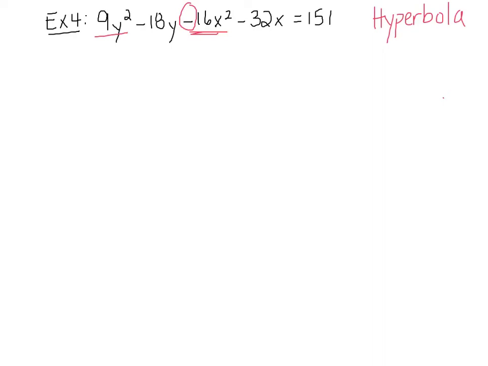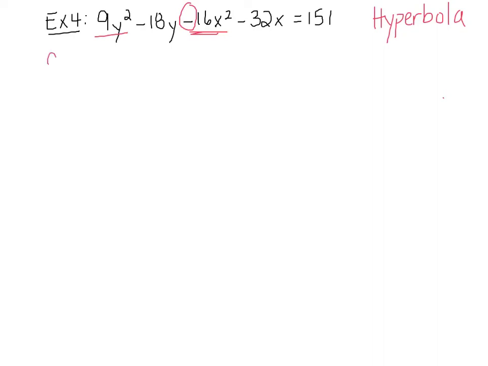Now you want to lead with a positive, so we're going to get our y's together first. So we've got 9y squared because that is our positive squared term, minus 18y, and I guess they were already together, aren't they? So let me erase that then. Let's go ahead and divide by our coefficients since they're already together.